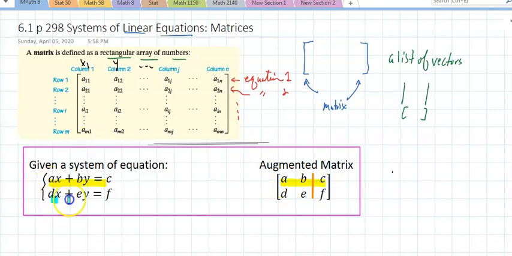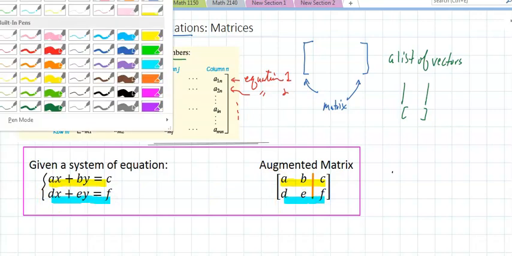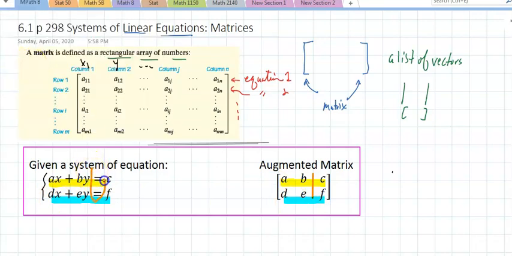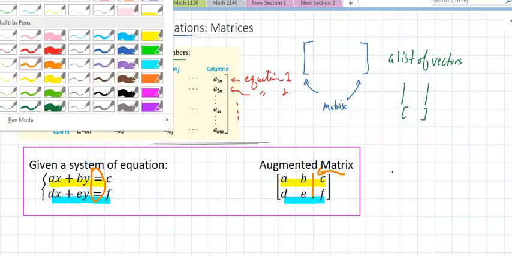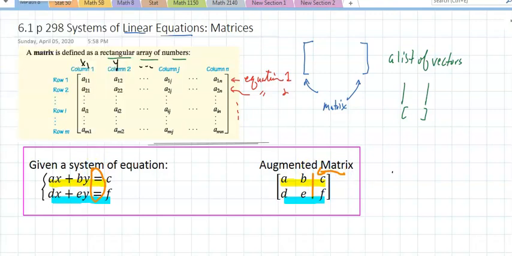And we take the second equation and copy it right there, but without the variables. And the equal sign we denote with that line. The new books of linear algebra are starting to exclude that line, but to us it's no big deal. We just want to get this out of the way. We'll worry about that when we get there.